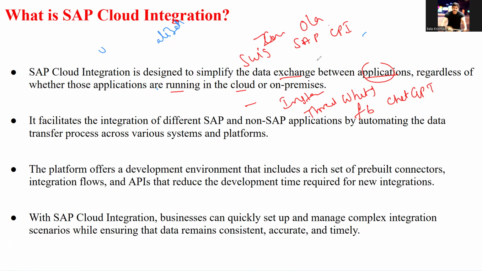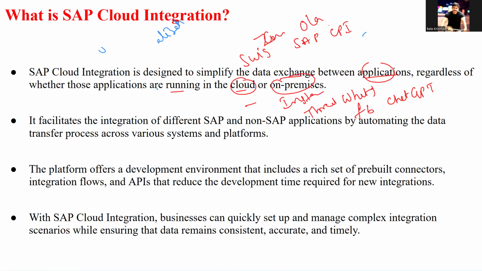In these applications, how do we exchange the data from one application to another, whether those applications are running in cloud or on premises? Cloud in the sense of cloud providers, as well as on premises within our infrastructure. That is how SAP Cloud Integration is helpful to exchange the information between the applications, whether they are running in cloud or on premises.